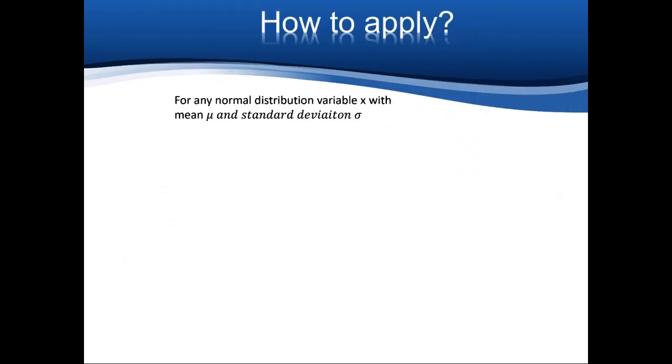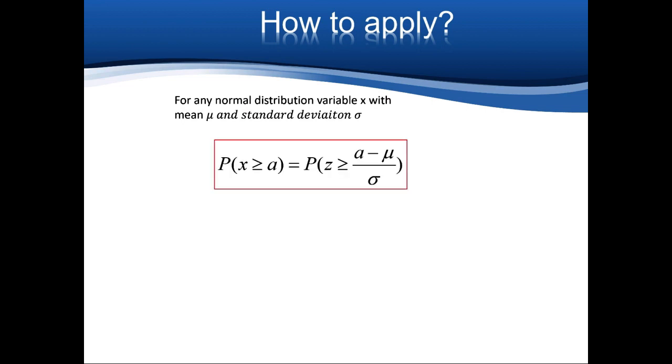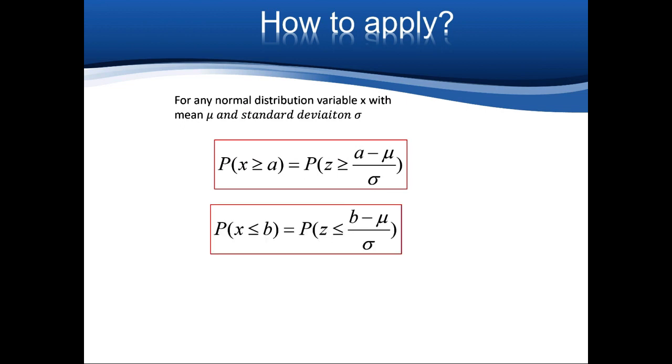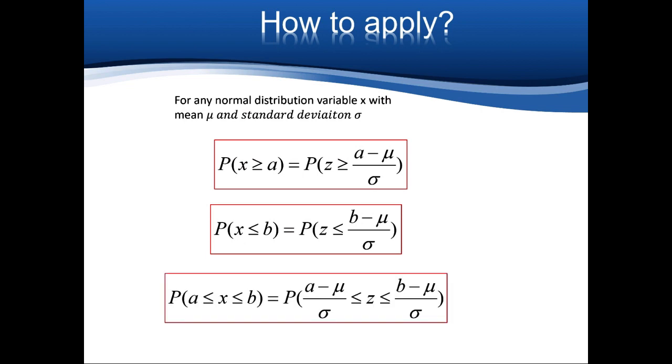How do we apply it to solve practical problems? We will use the z formula. For any normal distribution with mean mu and standard deviation sigma, for the probability that the variable x is higher than a number, smaller than a number, or between two numbers, we can use the z-table to find the probability.